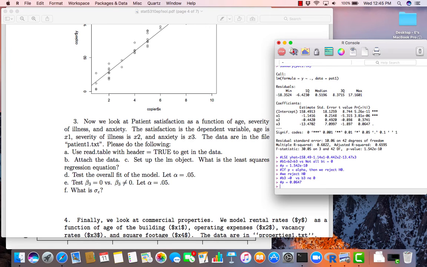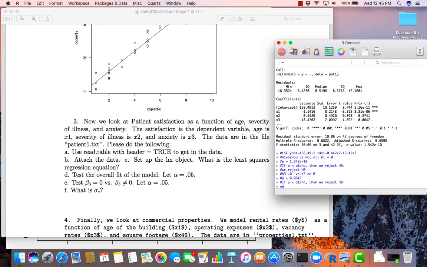So it's a little bit too large for 0.05. And we have our usual line here: if p is less than alpha, then we reject H0. So we fail to reject.